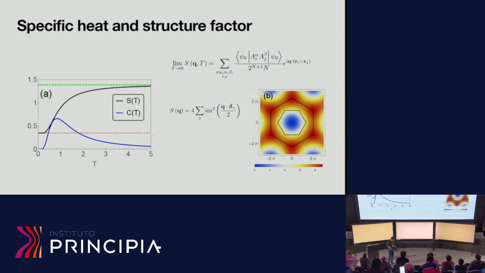These are spin systems, so one thing you usually calculate is the structure factor, which in a real material comes from X-ray diffraction. For the original model, it's actually solvable, so you can compute the specific heat and the zero temperature structure factor by averaging over all the ground states, and it looks like this.